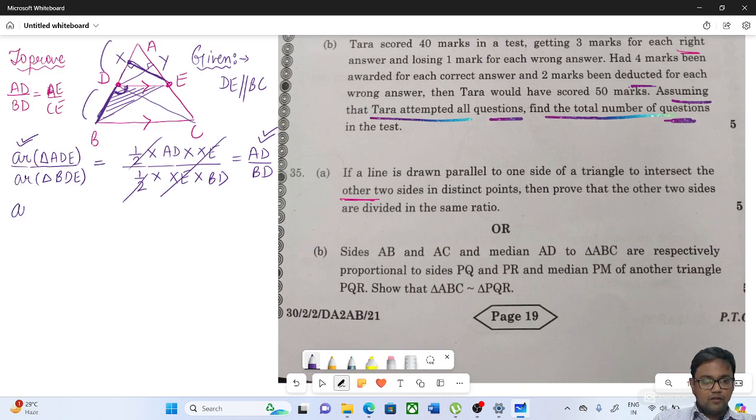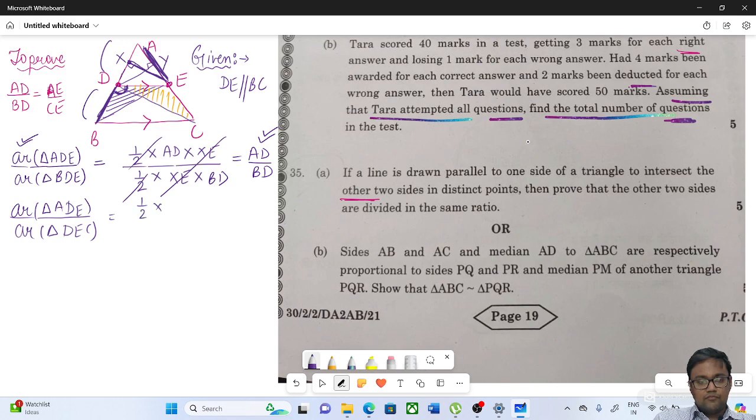Similarly, you will take the area of triangle ADE, because you need AE now, that side, so you need that base. ADE over the area of triangle, now this triangle you will take, which I am shading with a yellow pen, that is DEC, area of triangle DEC.